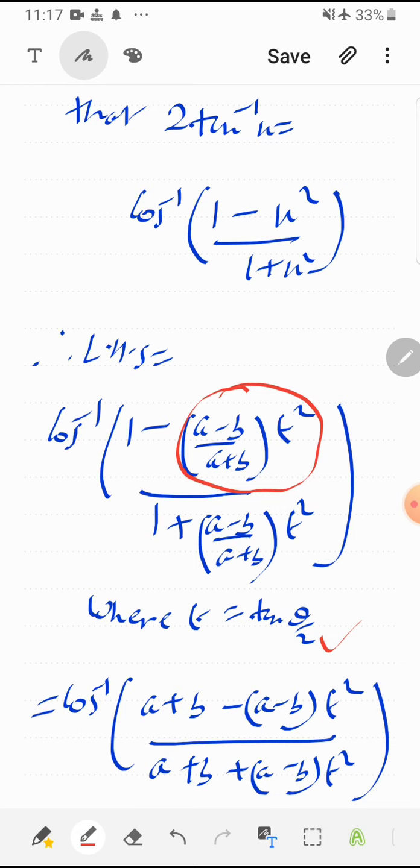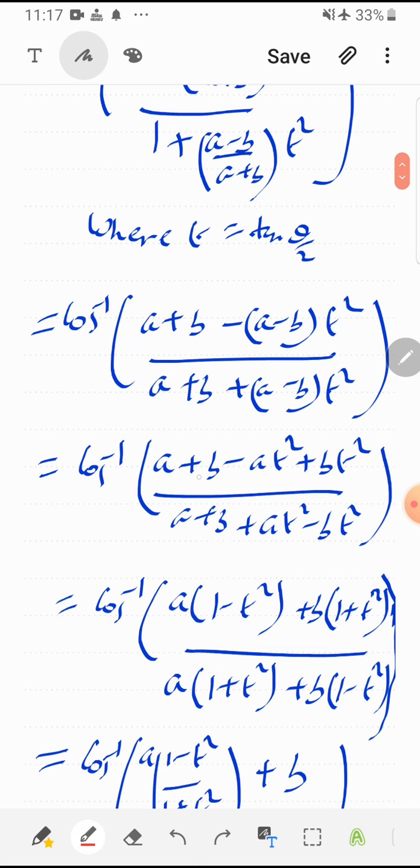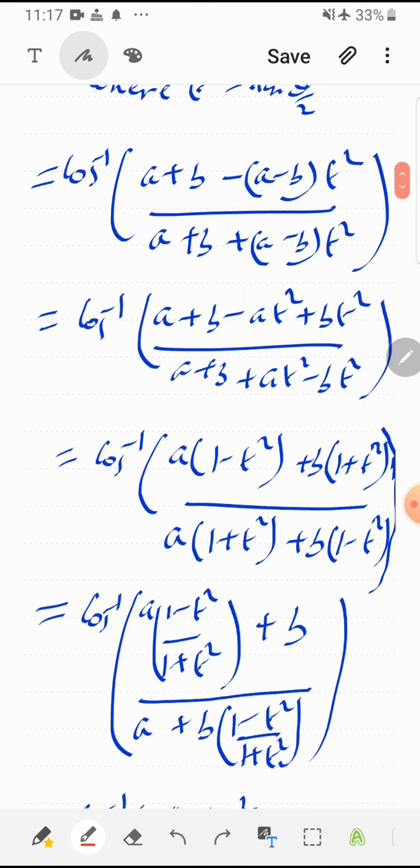So next are algebraic steps. I have to take the LCM, then open the bracket. After that, take a common from the terms containing a, b common from the terms containing b, and after that I am taking common 1 plus t square from the numerator as well as the denominator, so it can be cancelled and we are left with this expression.